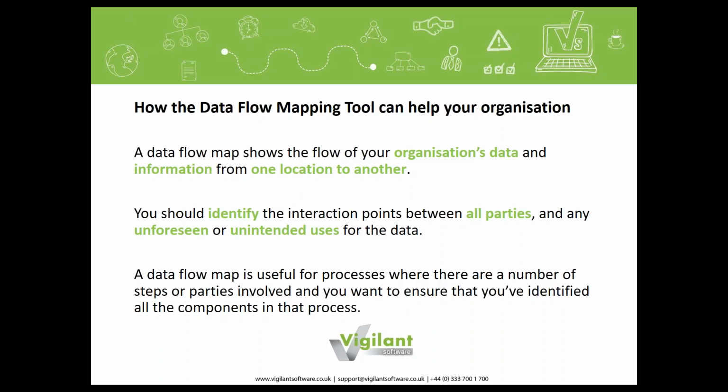So it will identify the interaction points between all of your parties, and also if there's a number of different steps within your data flow map, or you need that for your processes, you're going to be able to show this with the map. You can create them as complex as you need, and you can also manipulate the configuration. So as time goes on, your processes may get slightly more complex. You might add new assets, and there's room to grow your data flow maps essentially with your organization.